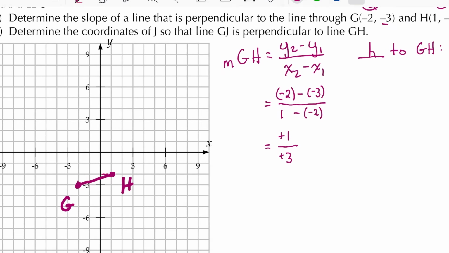Determine the coordinates of J so that GJ is perpendicular to GH. So we have to find out where we can put J. Can I put J here so that GJ is perpendicular to GH? I can't put J there. Where can I put J?